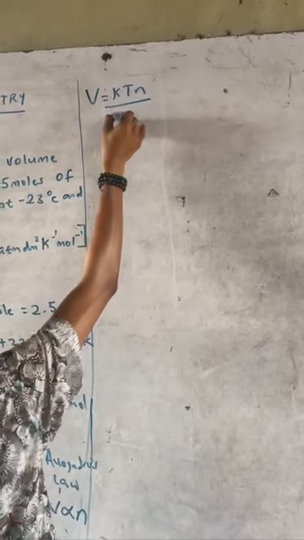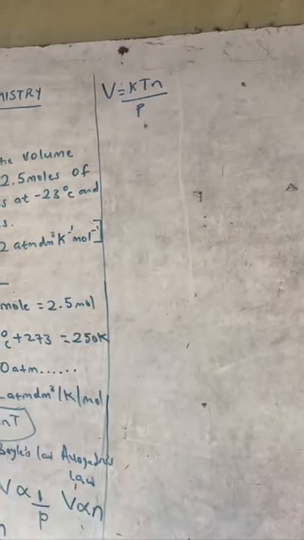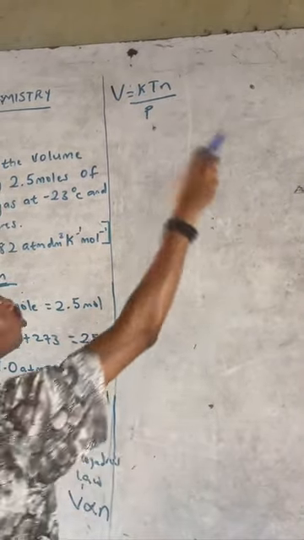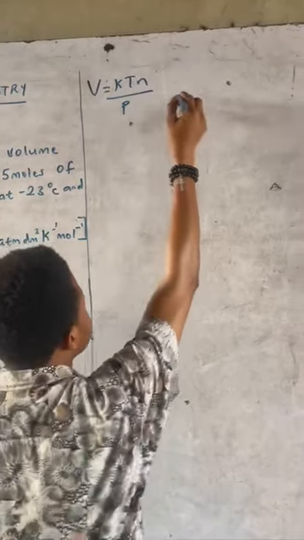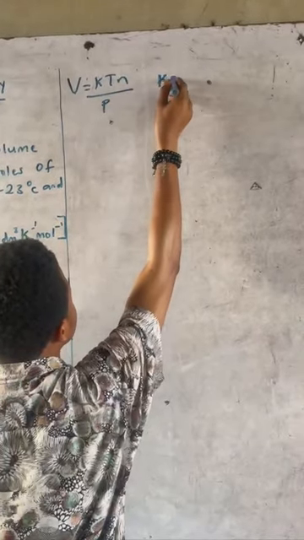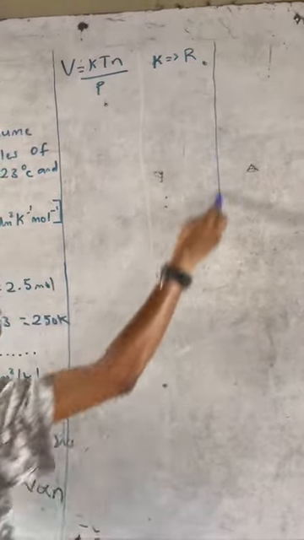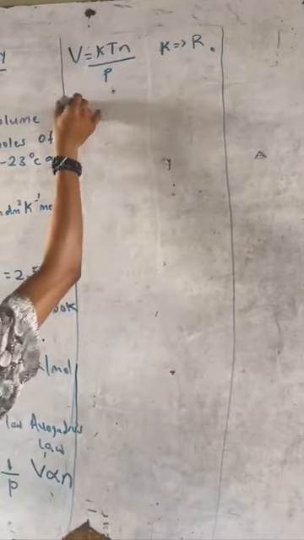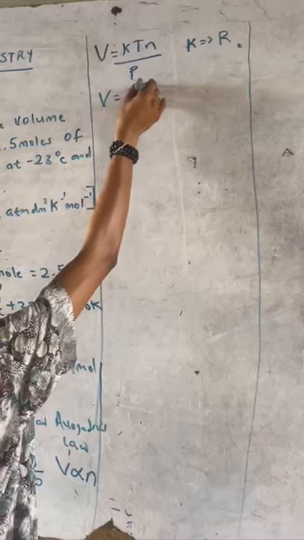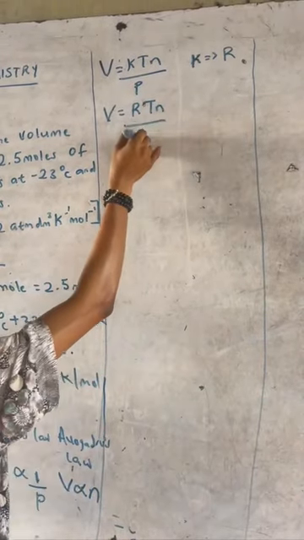But here in chemistry or under this topic, we don't use K, we use R instead. So from here, I will have V equals R T n over P.